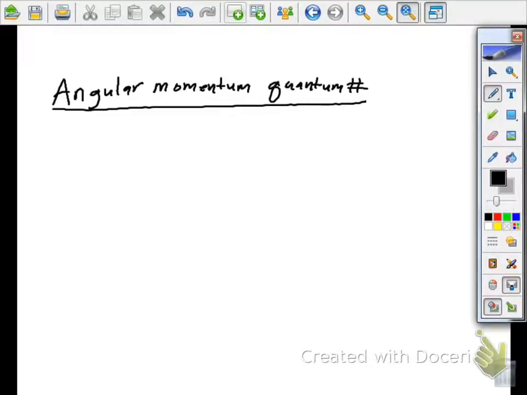We're not going to go to that extent. That's symbolized by an L. And what does that say? It indicates the shape that the electron takes as it revolves around the nucleus.